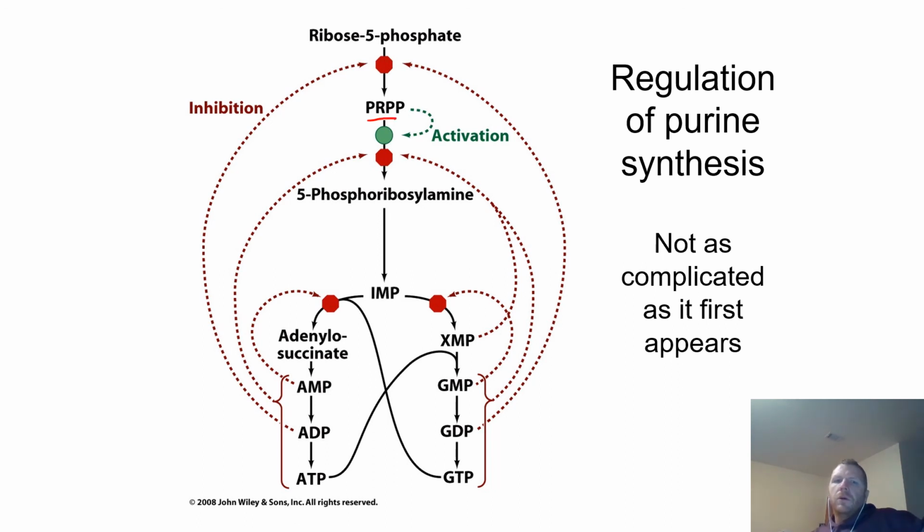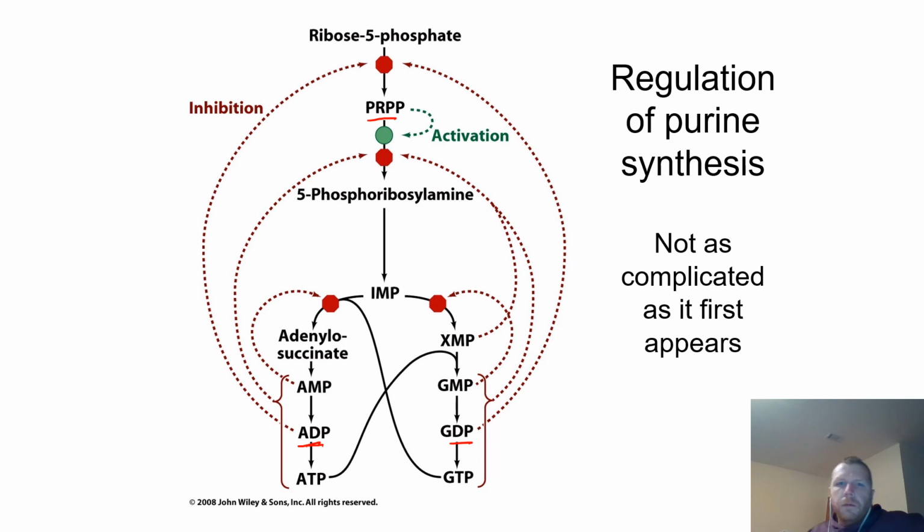So what is going to inhibit that step, basically the addition of a pyrophosphate molecule onto ribose 5-phosphate? Well, the presence of your diphosphates, actually, your diphosphate of adenine, your diphosphate of guanine.